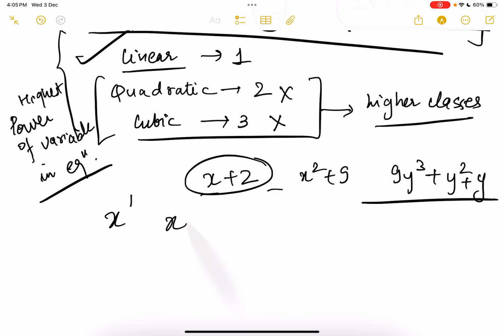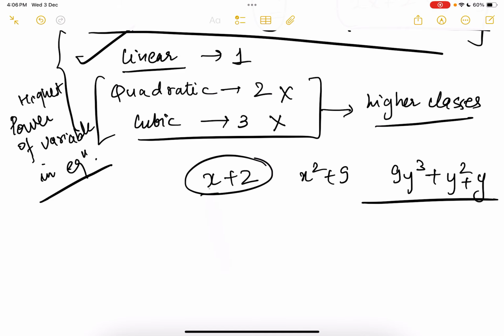The second has power 2, quadratic, and then this is 3, that is your cubic. The highest power of the variable in an expression is the power of that expression.